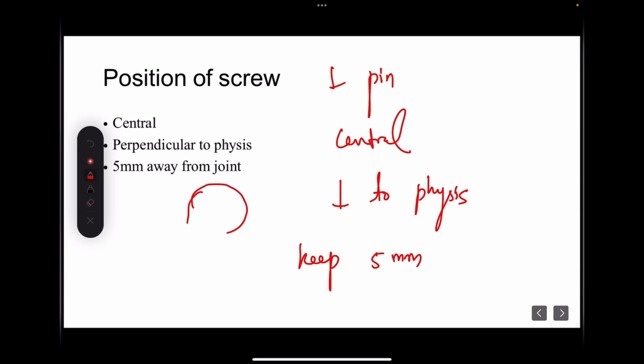So if this is the femoral head and this is the neck, and if you are putting a pin, that should end over this region only, leaving 5 mm of subchondral bone. Why is it so?